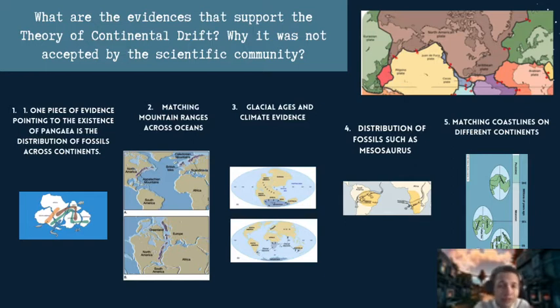Second, matching mountain ranges across the oceans. In this picture, we have two parts, A and B. A is the current map, or today's map, and B is the ancient map, from the past. We can see in picture B that the mountains in purple are very close to each other. Because of what? Because we only had one continent, which is Pangaea.